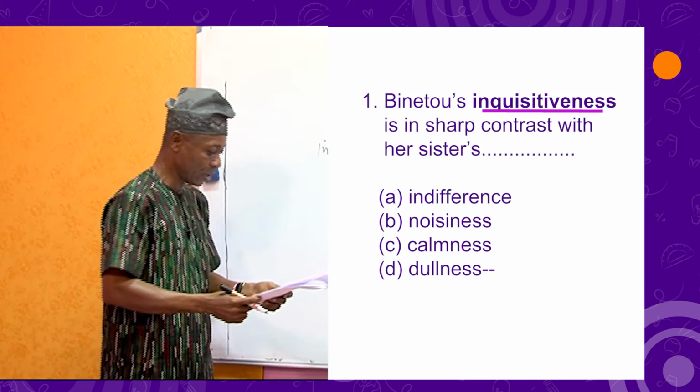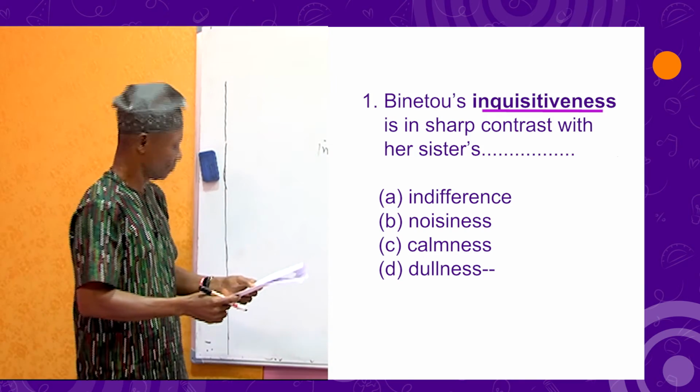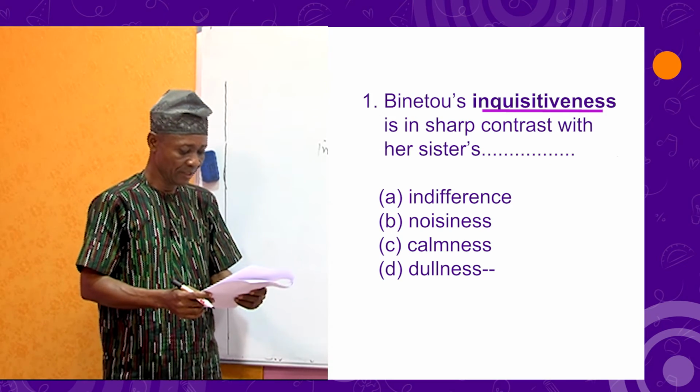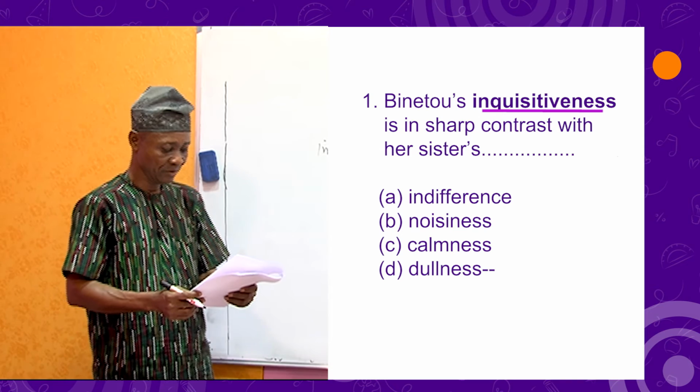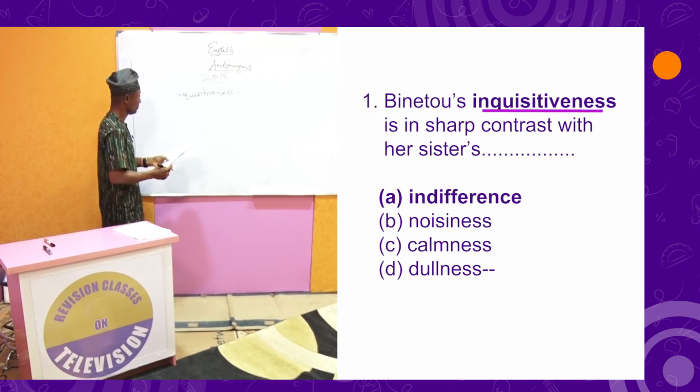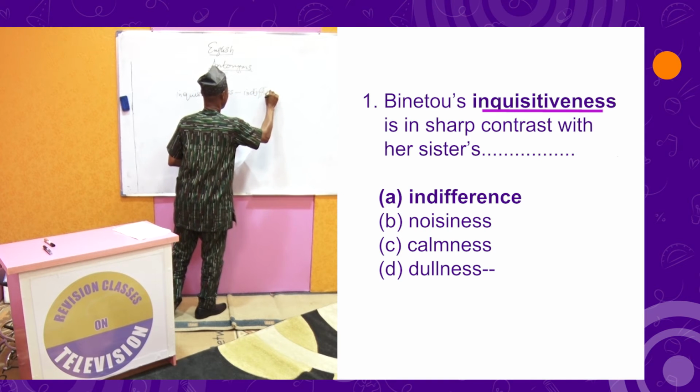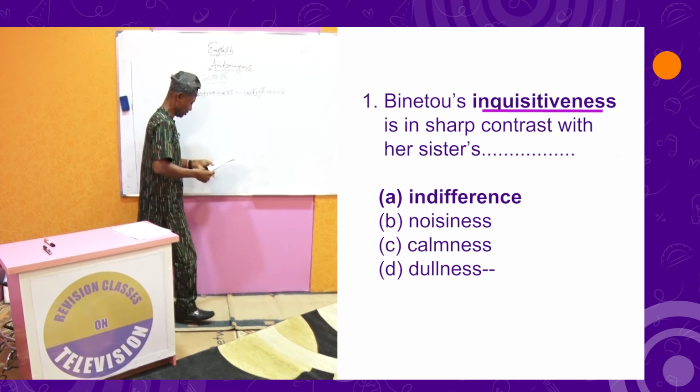And we have the following options. A, indifference. B, noisiness. C, calmness. D, dullness. Option A, which is indifference, is the appropriate answer to that question.